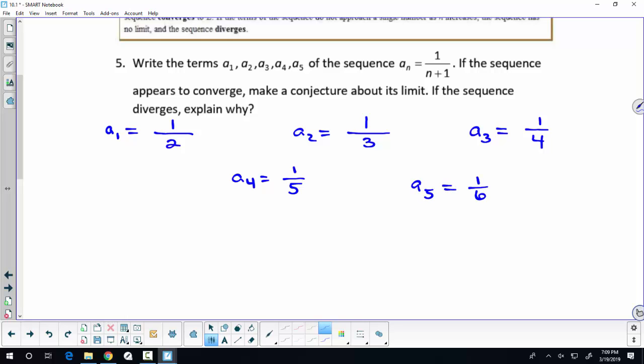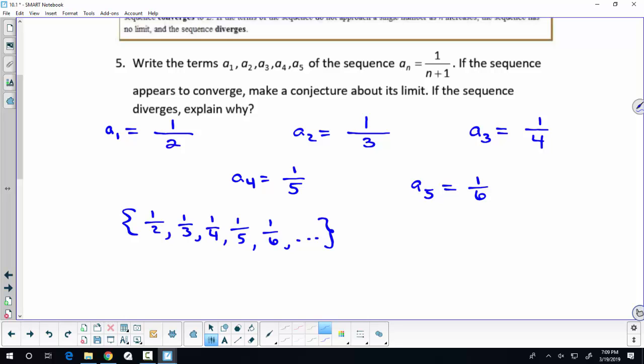Okay. So we can write these terms out just so we can see them: 1/2, 1/3, 1/4, 1/5, 1/6. Okay, so there's our sequence.